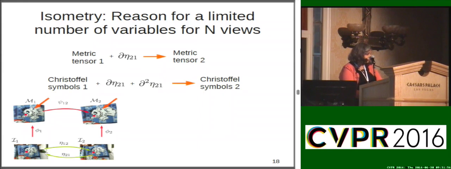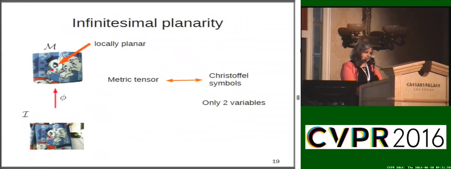There is an assumption that we make. We assume that in the infinitesimal neighborhood, surfaces are planar. The Christoffel symbols can be written in terms of two ways.